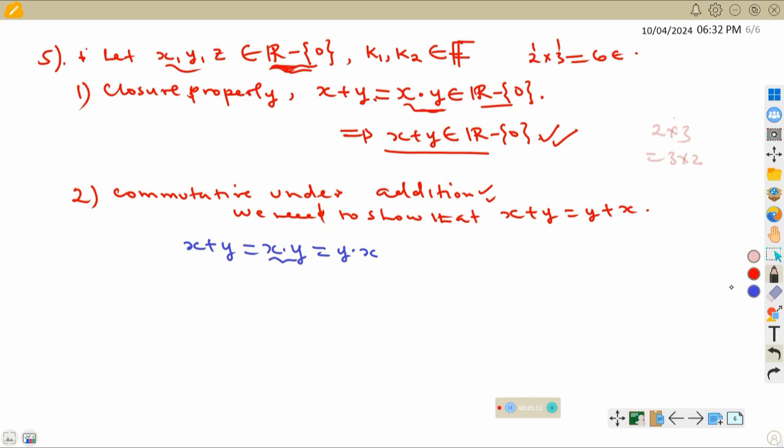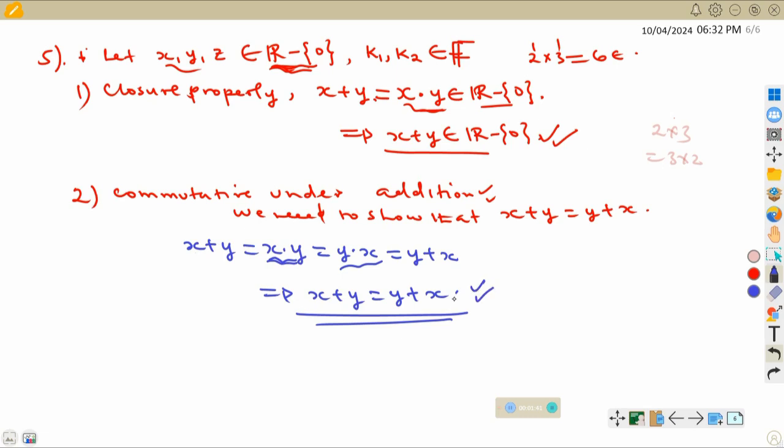So I can write that x plus y by definition is x times y, but x times y can be written as y times x. And what is y times x? By definition, this is still the same as y plus x. So it implies that x plus y is the same as y plus x.